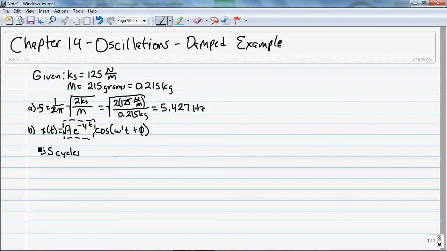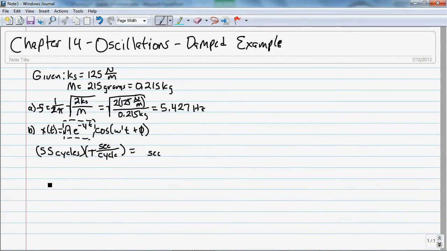And if I multiply that by the period, and the period has the units of seconds per cycle, then that's going to give me some value in seconds, just doing the unit comparisons.